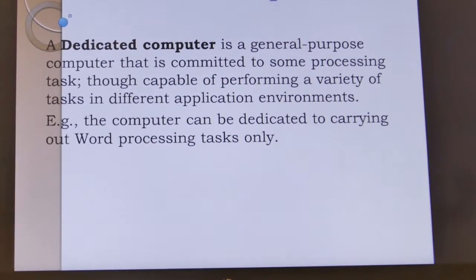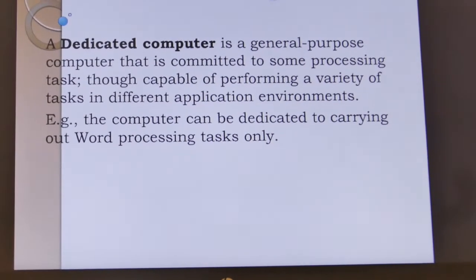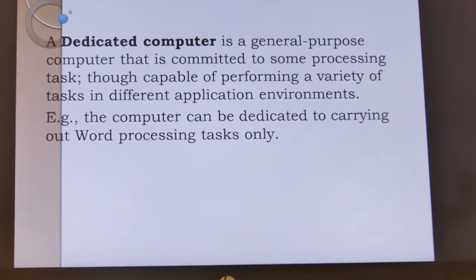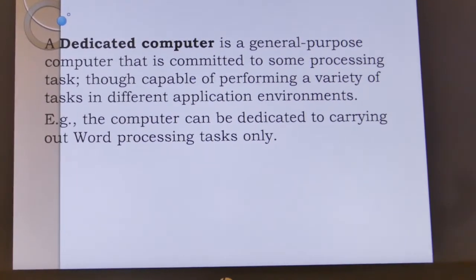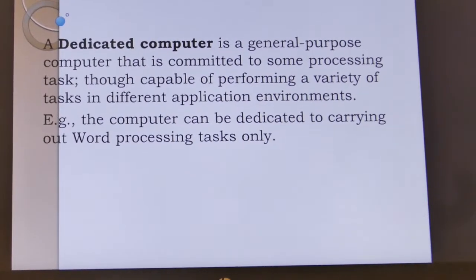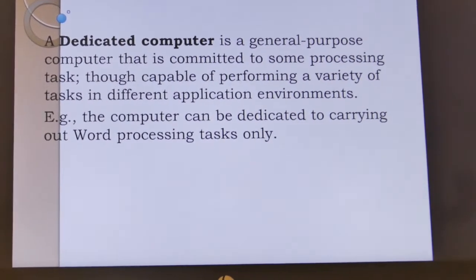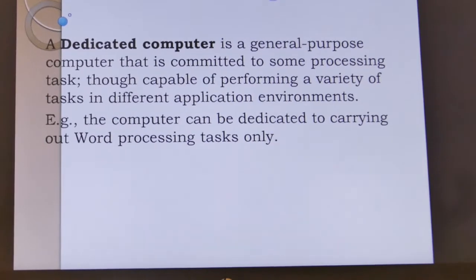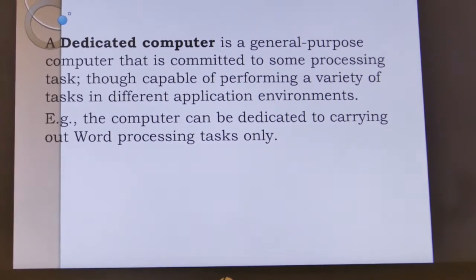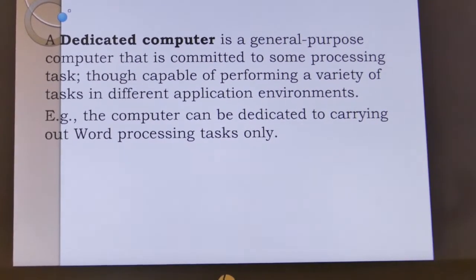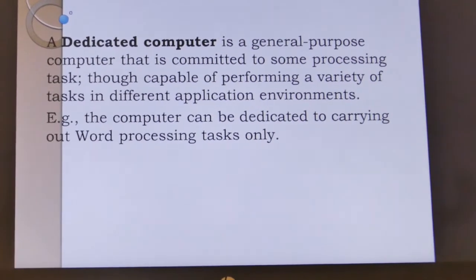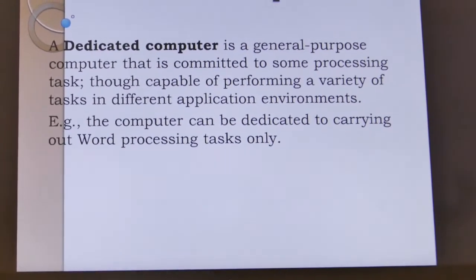It's a general purpose computer that is committed to some processing task, though it's capable of performing a variety of tasks in different application environments. For example, we can have a computer which is dedicated to carry out word processing tasks only.